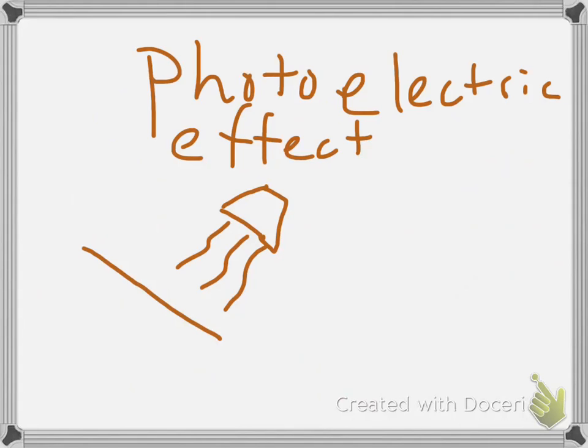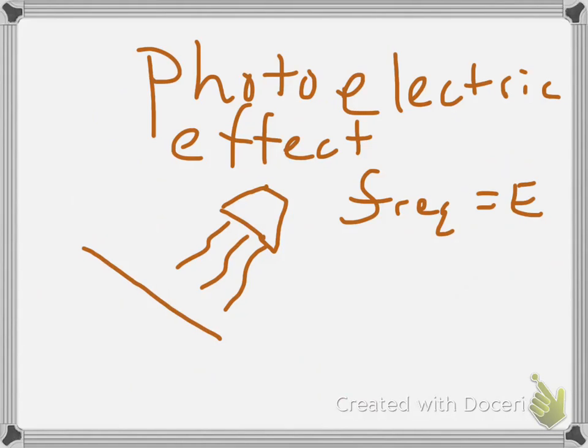Now, if the frequency, which remember is related to the energy, is high enough, it'll actually knock electrons off of that metal and can send them elsewhere. So we call it the photoelectric effect.